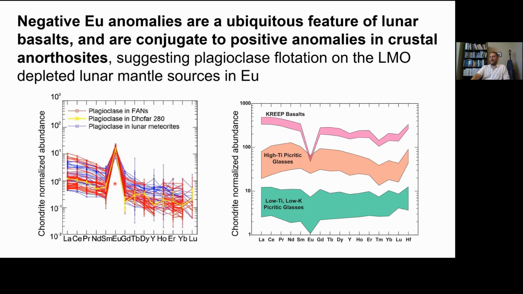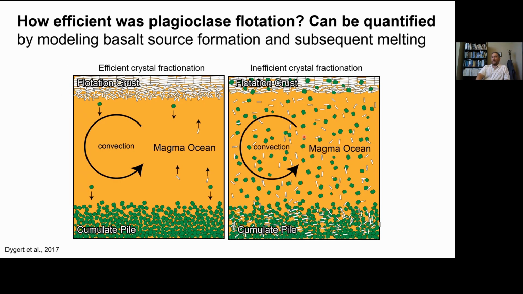And it suggests this is good evidence for plagioclase flotation on the lunar magma ocean as a mechanism for depleting the sources of these basalts in europium. And so an interesting question that petrologists have been wrestling with for several different reasons is how efficient was that plagioclase flotation on the magma ocean?